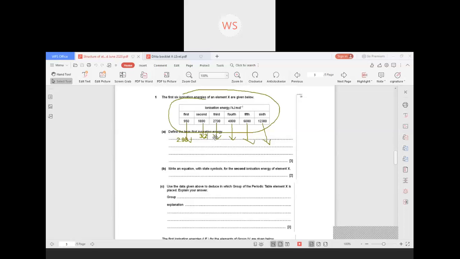Okay, 3.28. And then what is the log of 2700? 3.43. And then what is the log of 4800? 3.68.